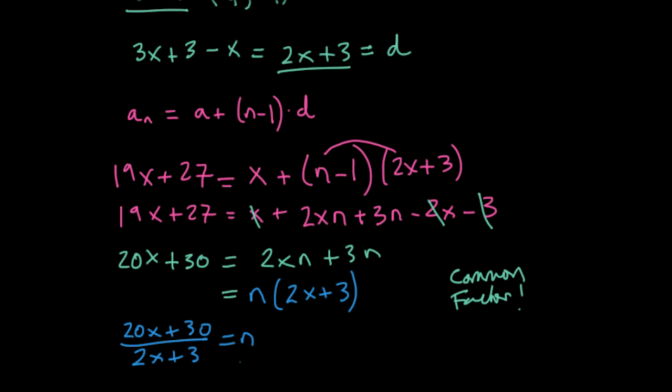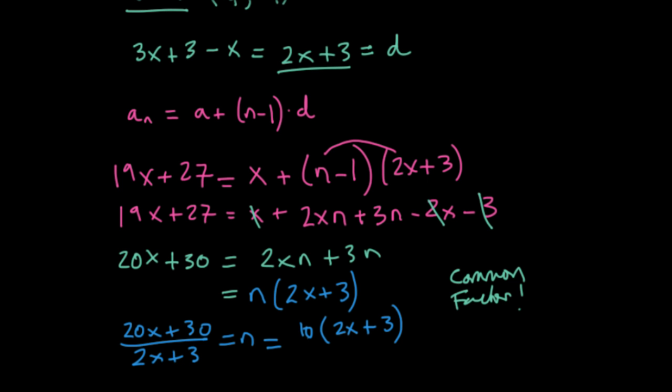And this looks messy, and it maybe doesn't jump out straight away what to do with it, but actually we haven't simplified it to the fullest, and when we do that, we'll see what to do. If we simplify this, we see that this has a common factor of 10. We can divide 20x by 10, and we can divide the 30 also by 10. If we do that, we get 10 outside of the brackets, and then we have 2x plus 3.